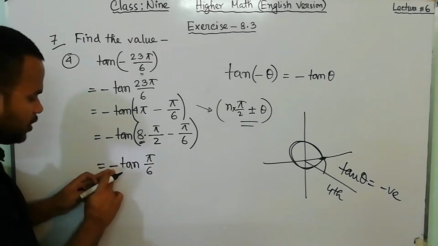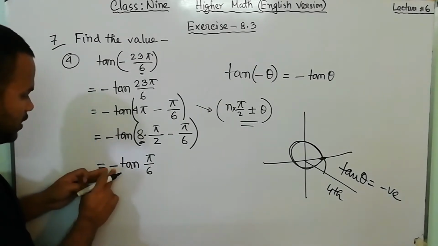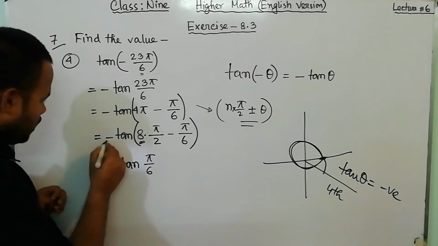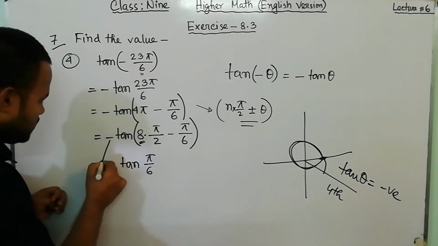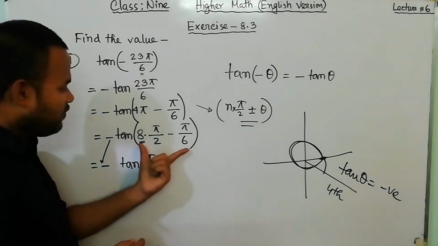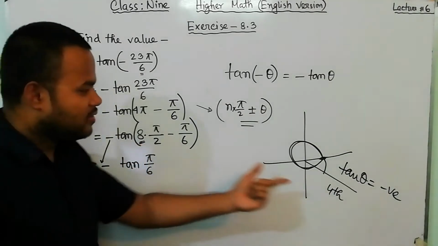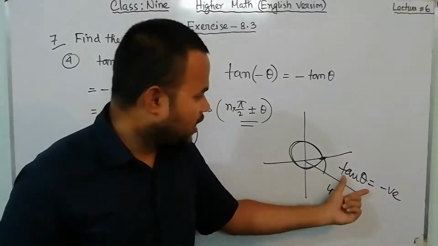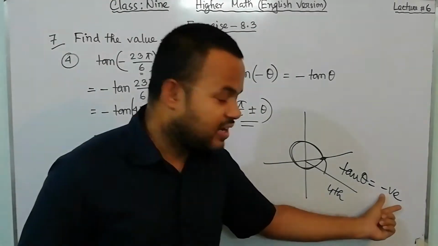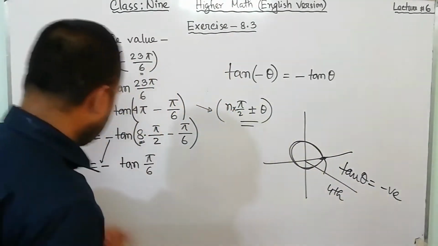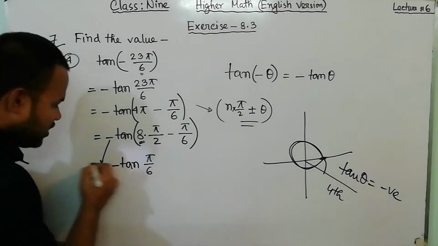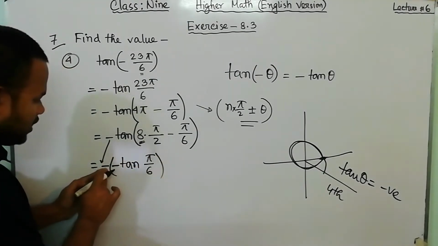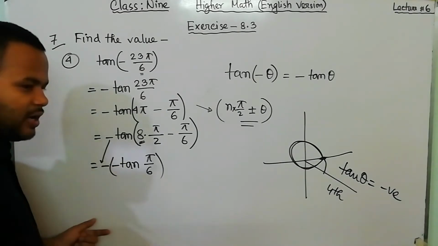This negative sign will remain the same. Because this angle is in the fourth quadrant, and in the fourth quadrant we already know that the value of tan theta is negative, that's why we have to put a negative sign here. Okay, now if we multiply negative by negative, then we have positive.